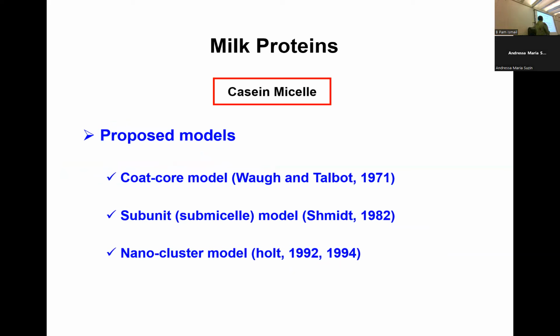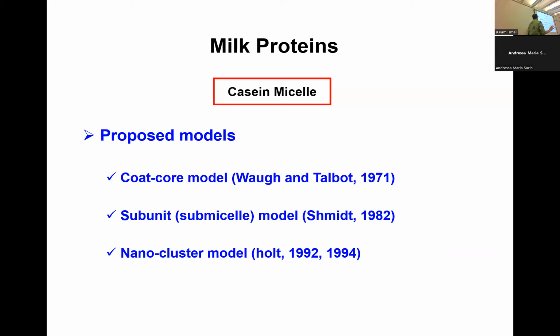Okay, so there are a lot of different models of casein micelle structure. There is the coat and core model, suggested by these two guys. This model states that kappa casein is on the surface and all of the other caseins are in the center.